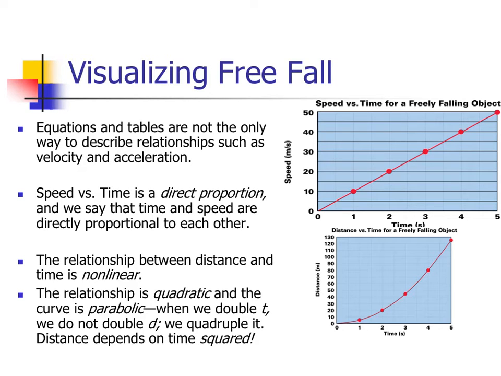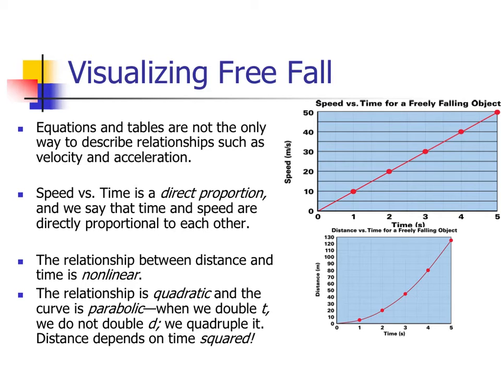On a speed time or velocity time graph, the tell that an object is accelerating is a straight line. What would the slope of this line be? It would be a straight line moving in the positive direction.